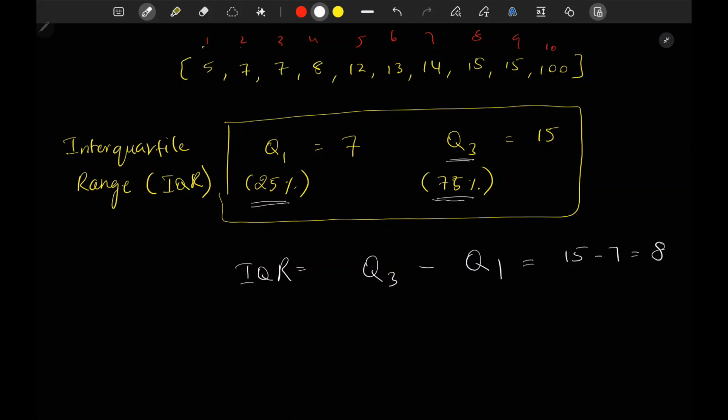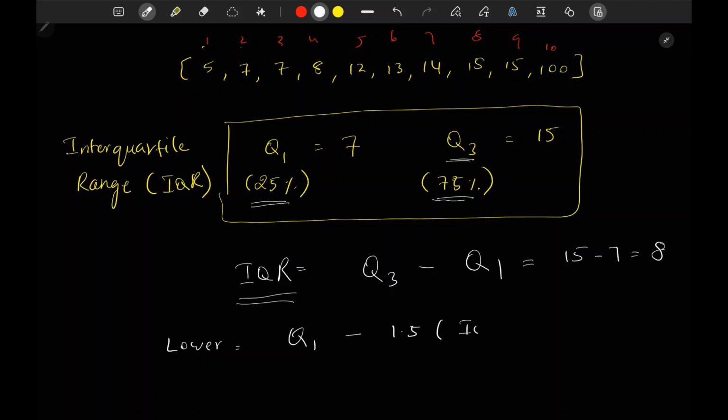Now I'm going to use this IQR to remove outliers. To do that, first we are going to calculate the lower bound and upper bound using IQR, Q1 and Q3.